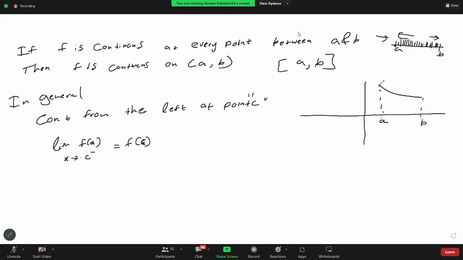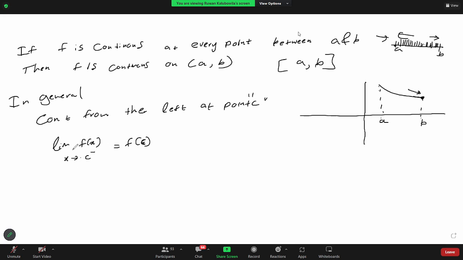When we check continuity at the endpoint, C could be any endpoint, that means A or B. C negative means you have to come from the negative side. The limit of f(x) when x approaches C from the negative side means you come from this function to this end, and this is called a one-sided limit.